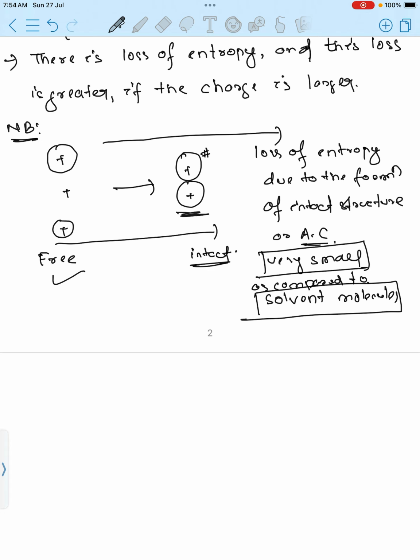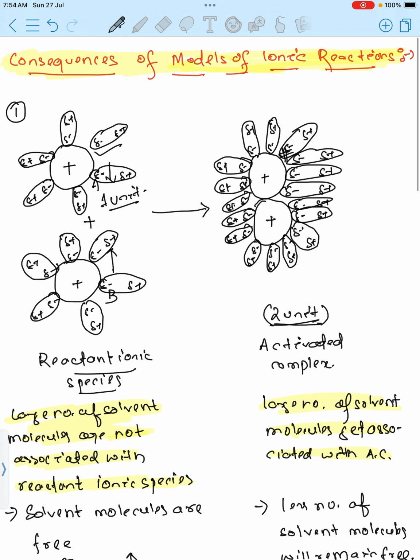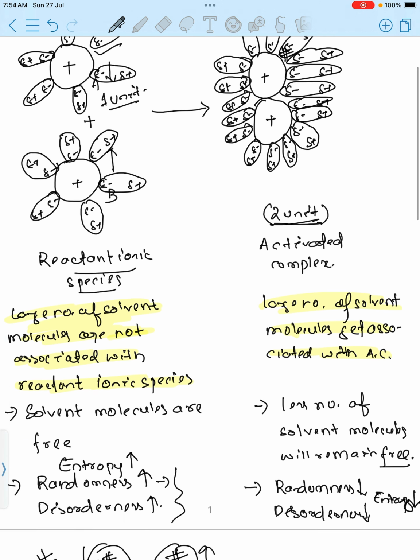Okay, so we will now take up another case. This is case number 1, where we have discussed that whenever two ions approach each other and form the activated complex, as a whole the charge on the activated complex actually increases.